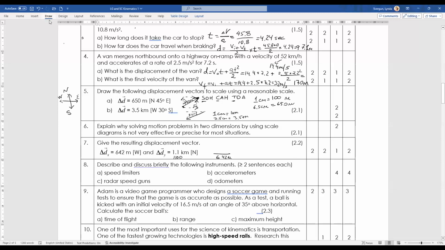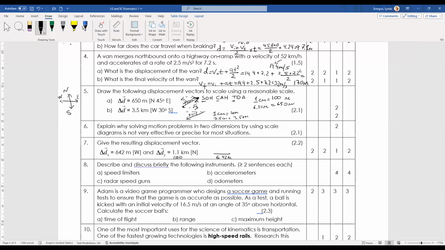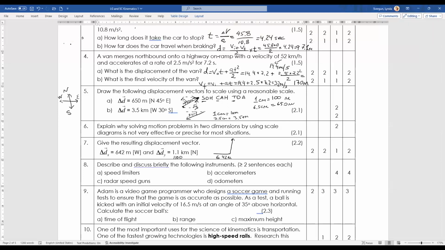Up. And displacement, it's a vector. Oh, here it's actually to the west. To the west is to the left, and up is north.